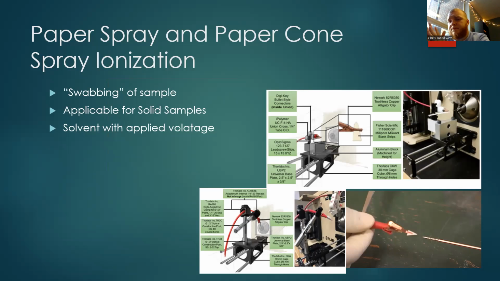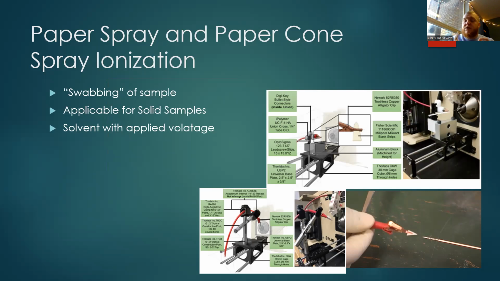Paper spray ionization would be great for trace chemical analysis or liquid analysis, versus paper cone spray analysis, which is really good for bulk solids.